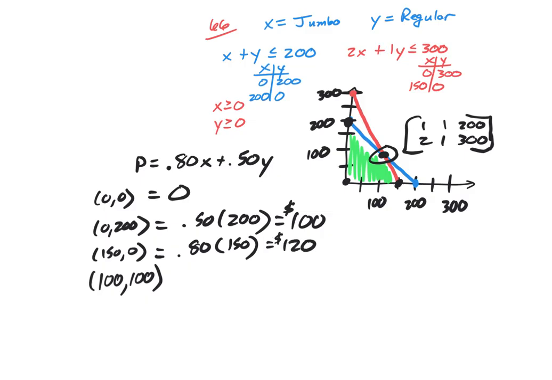That'd be $120. And finally, if I do 100 of each, then that would be 80 cents times 100 plus 50 cents times 100 equals 80 plus 50, basically, which is $130.